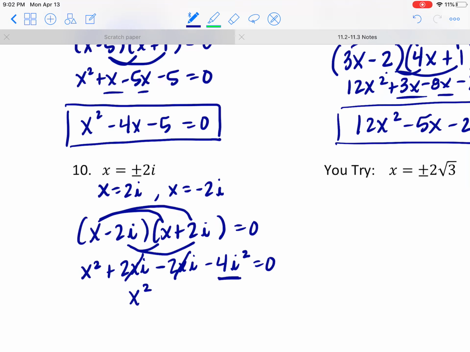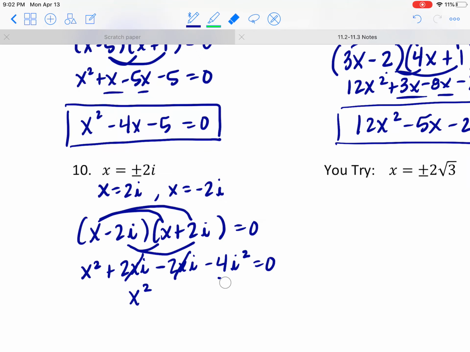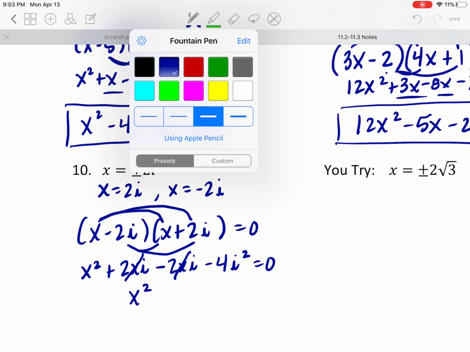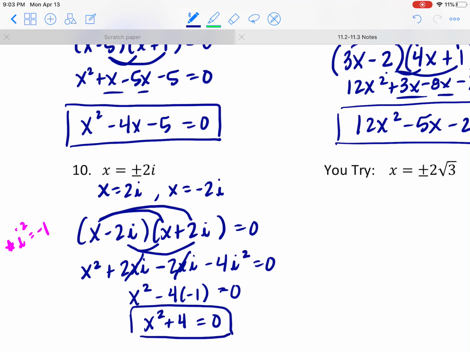So we're dealing with the x squared that's left, and then this over here. Now remember what i squared is? I squared we defined as a negative 1. So this is really a negative 4 times a negative 1. Just make a little note here, remember, i squared equals a negative 1. So we have x squared plus 4 equal to 0 as our equation.